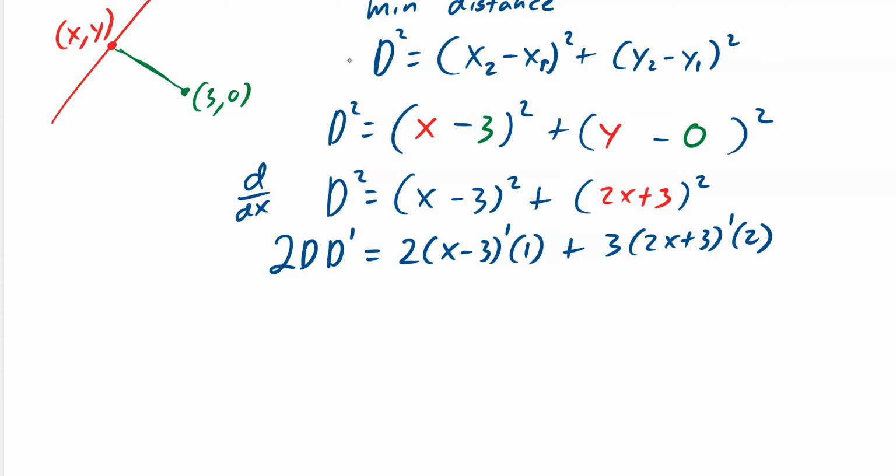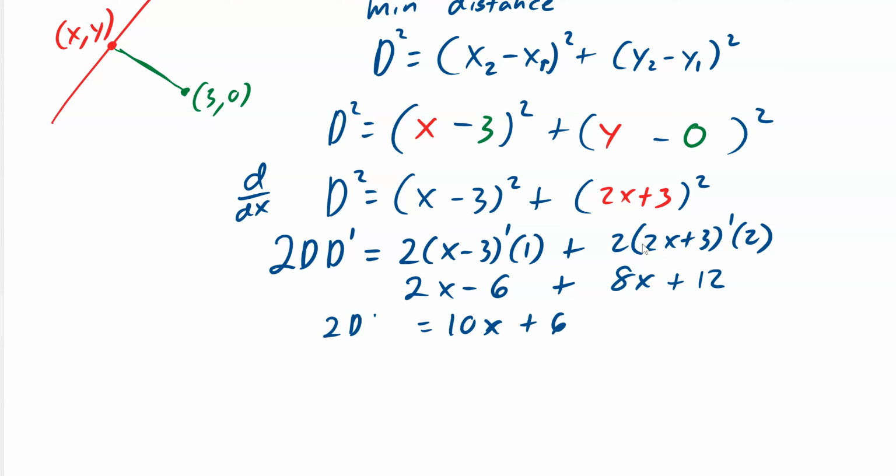And then if we multiply this out, we get 2x minus 6 plus 4 times 2, which is 8, and then 4 times 3, which is 12. So we have 10x plus 6 equals 2d, d prime.